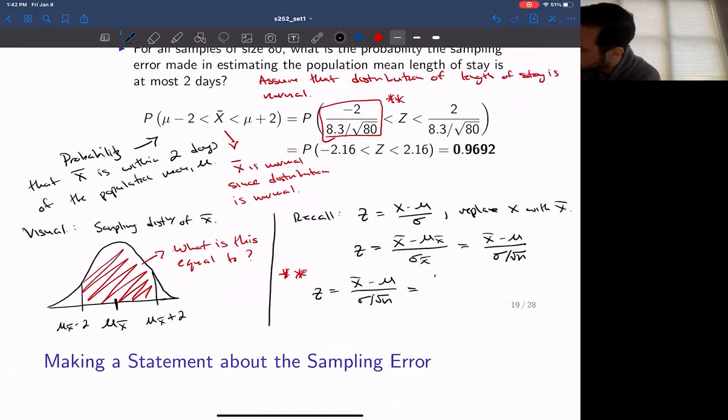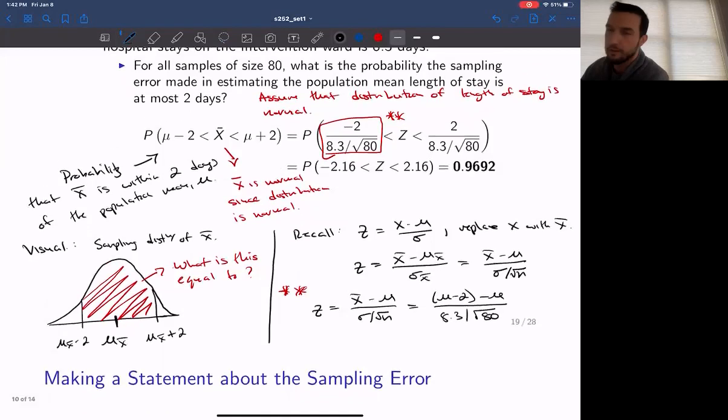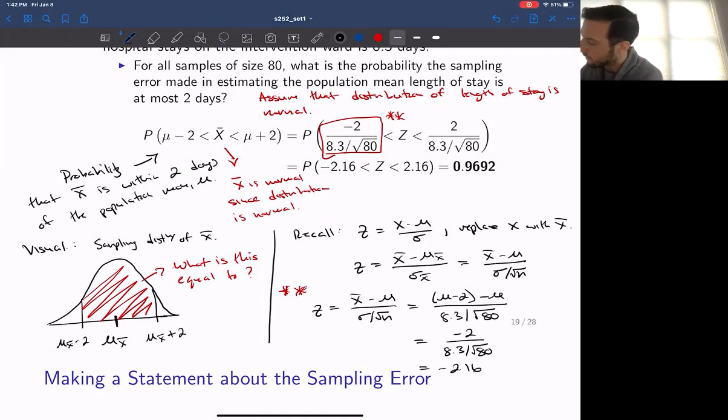This is going to be mu minus 2 minus mu divided by 8.3 over the square root of 80, which are the values that are given to us in the problem. And then when we simplify this, we end up with negative 2 over 8.3 divided by the square root of 80, which is negative 2.16. Okay, so that's how I went from the mu minus 2 to the negative 2.16.